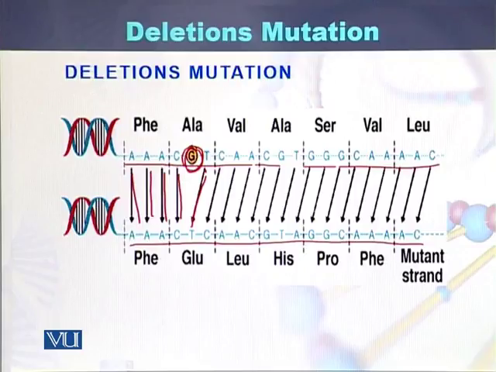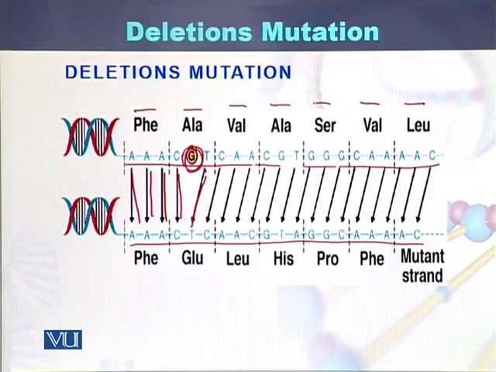So what are the consequences of this deletion? If we do the comparison between the normal sequence of the amino acids and the mutated sequence of the amino acids, we see the original sequence was phenylalanine, alanine, valine, alanine, serine, valine, leucine.